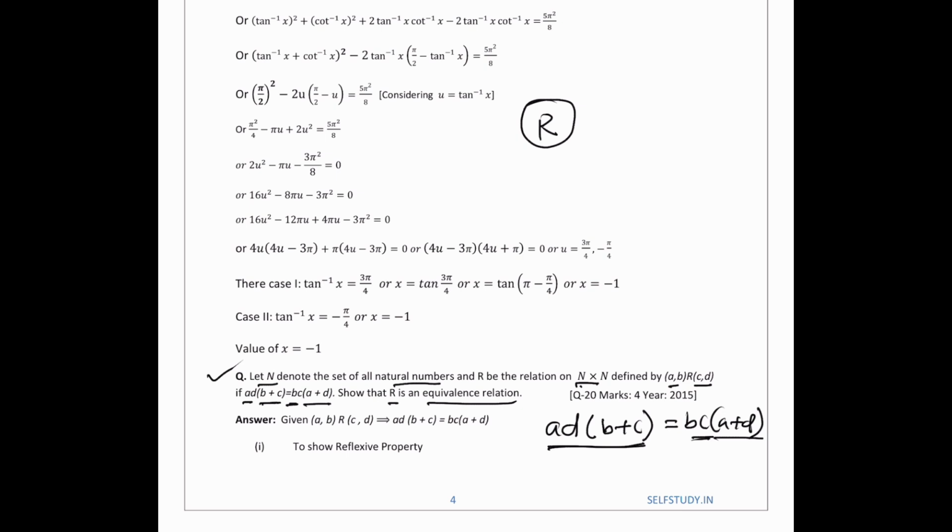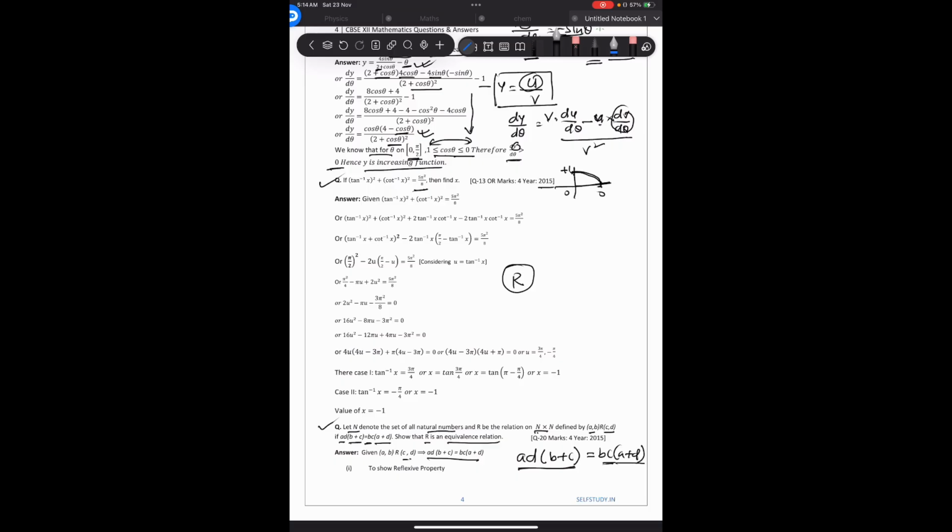This is already given: (A, B) relation (C, D) implies that AD(B plus C) equals BC(A plus D). Now let us do the reflexive property.